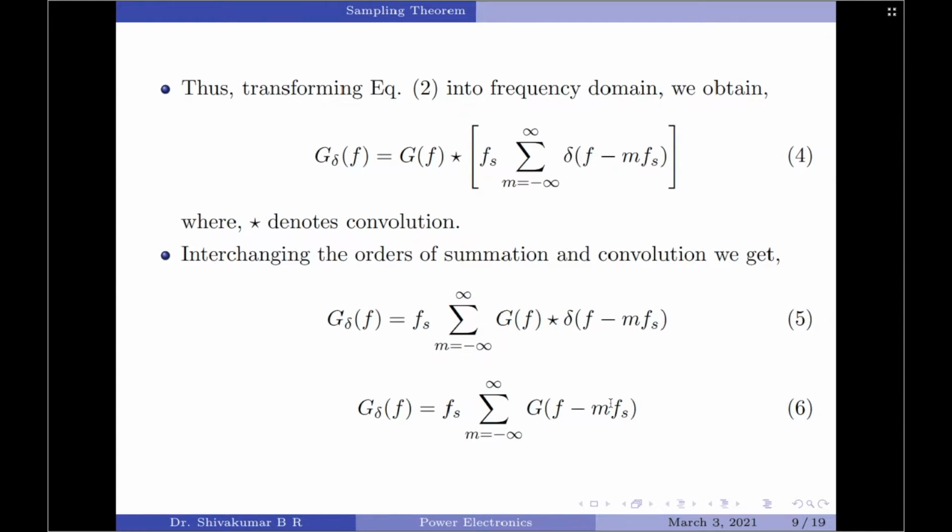In other words, the process of uniformly sampling a signal in the time domain results in a periodic spectrum in the frequency domain with a period equal to the sampling rate, which is here represented by fs. Therefore, G delta of f represents a periodic extension of the original signal G of f.